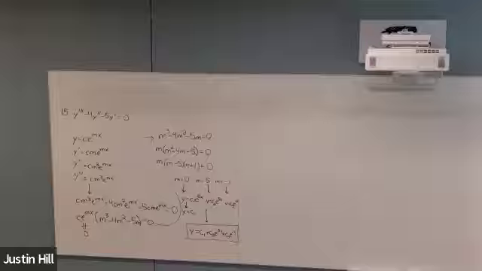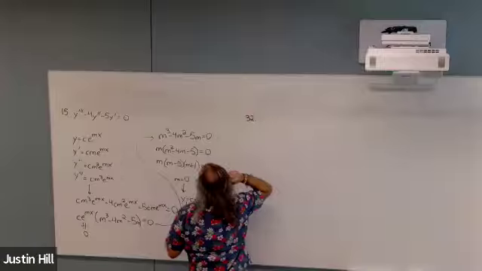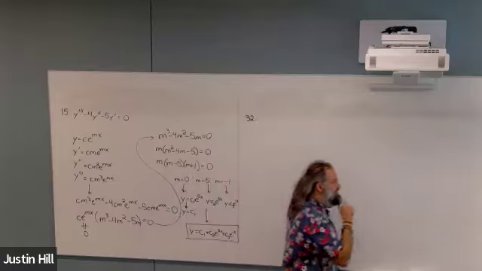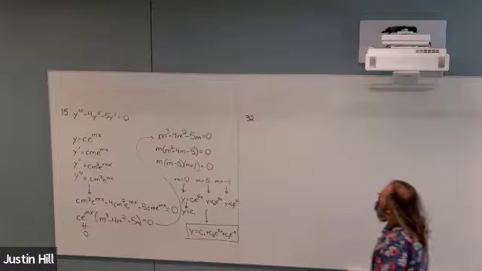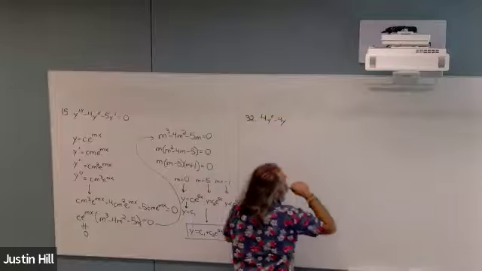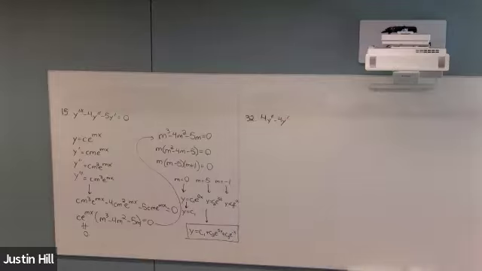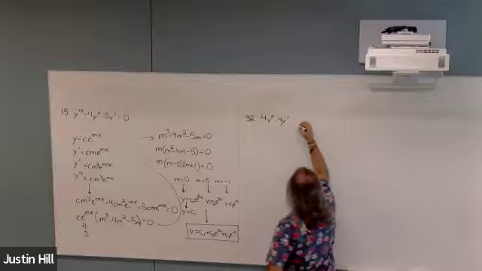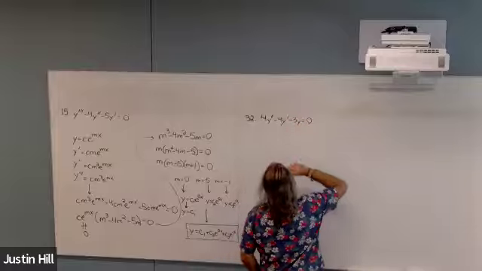Let's look at something like 32. They're going to ask you to solve this differential equation. What they've written: 4y double prime minus 4y prime, it's 3y, equals 0. So there's our differential equation to solve.